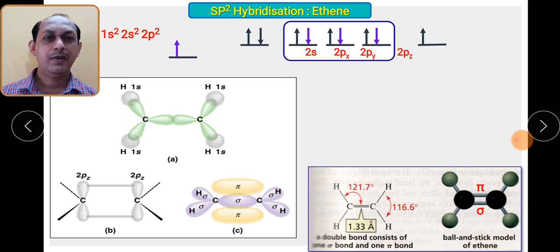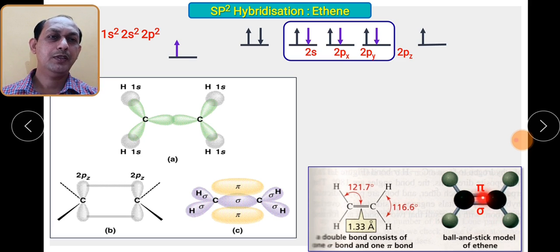So always remember, in case of ethene there is one sigma bond and one pi bond, which is formed by the lateral overlap of pz orbitals, while single bonds, as we know, are always sigma bonds, but in a double bond there is one sigma bond and one pi bond. So this is how we can explain the bonding process.